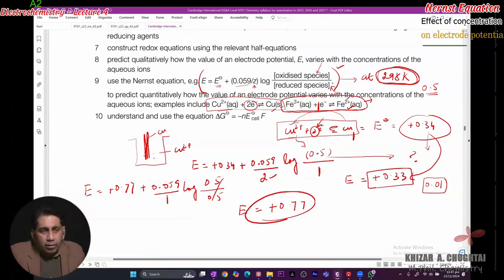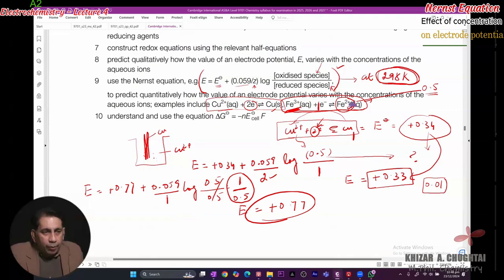But if I'm just reducing the concentration of Fe2 to half and Fe3 is equal to 1, then what will be the answer? Oxidized form is equal to 1 and reduced form is equal to half. So let me know what will be the answer.